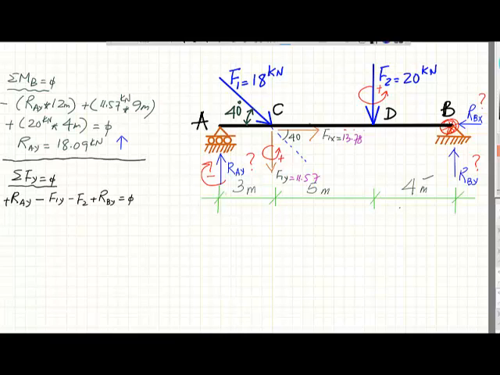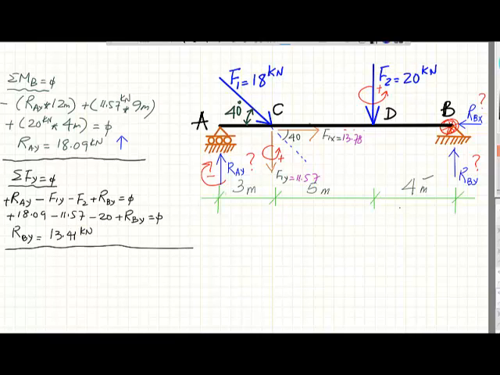If we substitute the values, RAY is plus 18.09, F1y is 11.57, F2 is 20, and plus RBY is equal to 0. If we isolate RBY, we get a value for RBY equal to 13.41 kilonewton. So we got the value of RBY also.